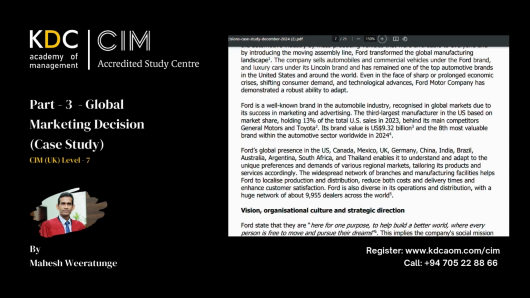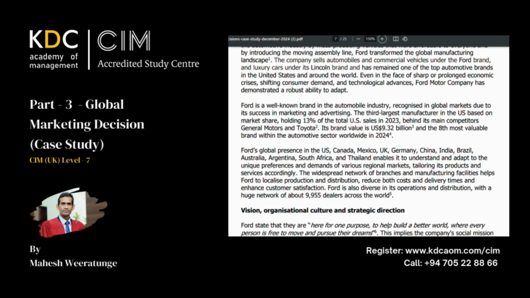The widespread network of branches and manufacturing facilities helps Ford to localize production and distribution, reduce both cost and delivery time, and enhance customer satisfaction. Ford is also diverse in its operation and distribution, with a huge network of about 9,955 dealers across the world.